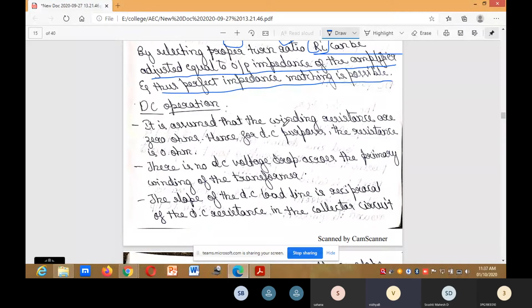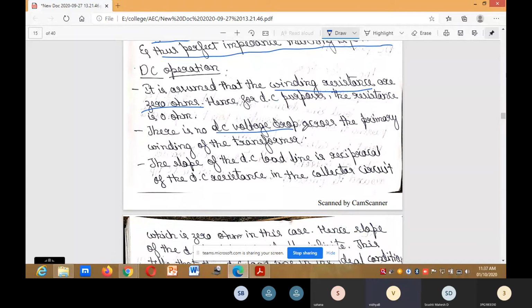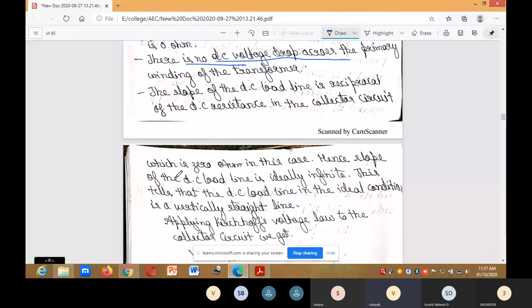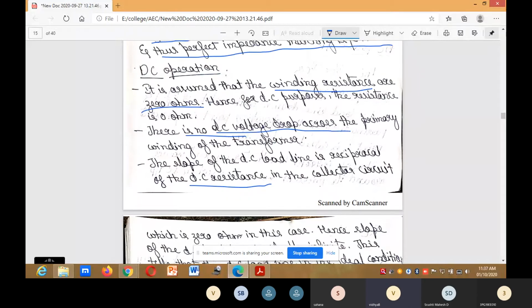The slope of the DC load line is the reciprocal of the DC resistance in the collector circuit, which is 0 in this case. What about the DC resistance? 0 ohm.